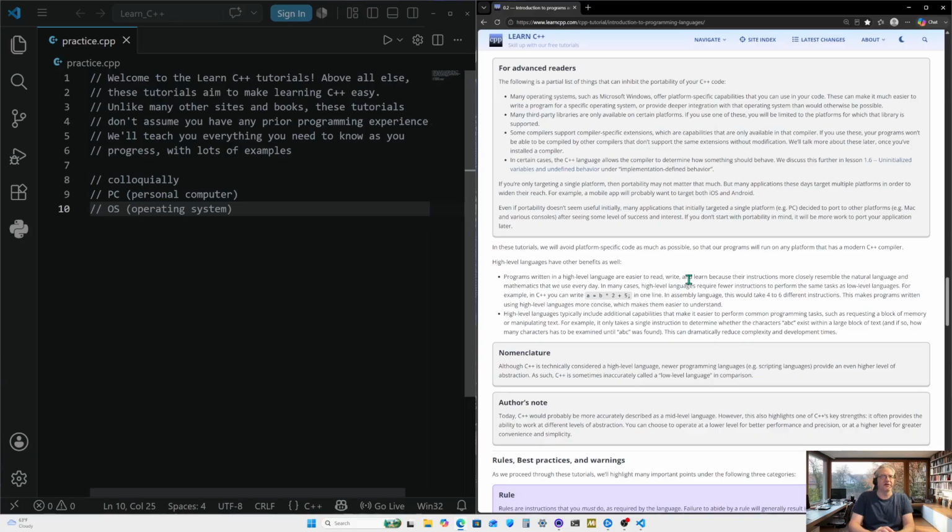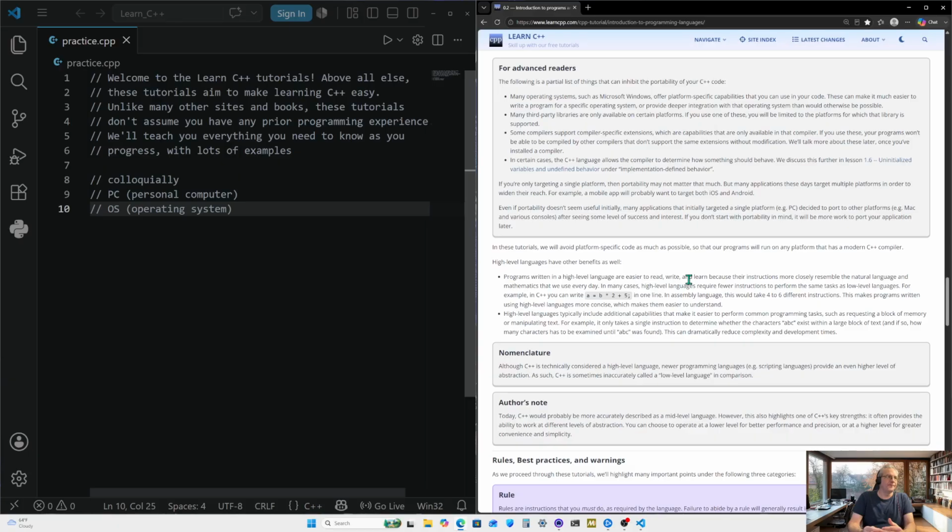We'll talk more about these later once we've installed a compiler. In certain cases, the C++ language allows the compiler to determine how something should behave. We discuss this further in lesson 1.6, uninitialized variables and undefined behavior, under implementation-defined behavior.